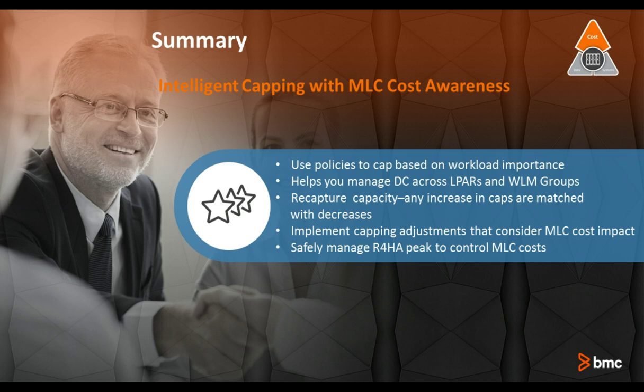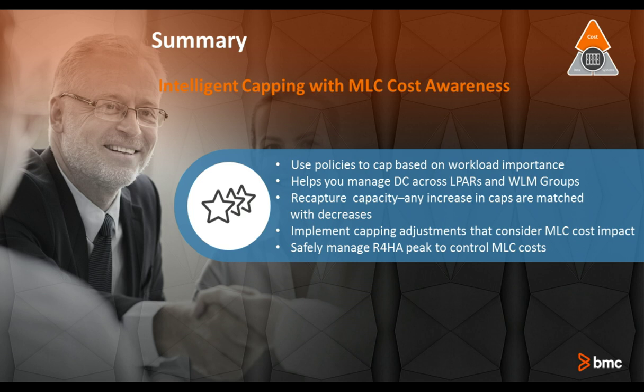So to summarize, ICAP uses policies to determine what it's going to do and when it's going to do it, and manages the defined capacities across the entire CEC and across the entire WLM workloads. I'm able to reduce the capacity being utilized because ICAP understands what is going on from an environmental perspective, and what LPARs are more important than others.